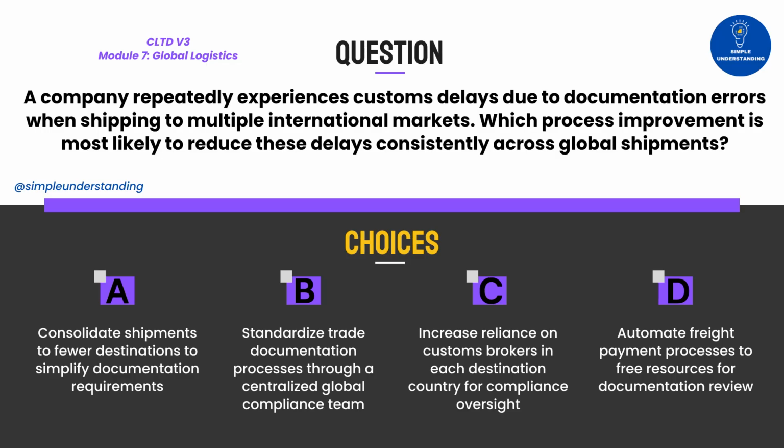B. Standardize trade documentation processes through a centralized global compliance team. C. Increase reliance on customs brokers in each destination country for compliance oversight. D. Automate freight payment processes to free resources for documentation review.